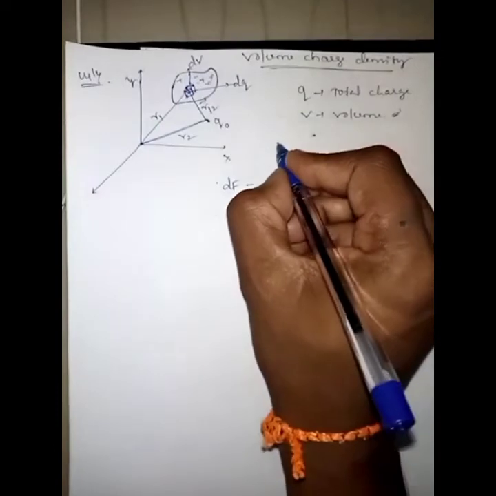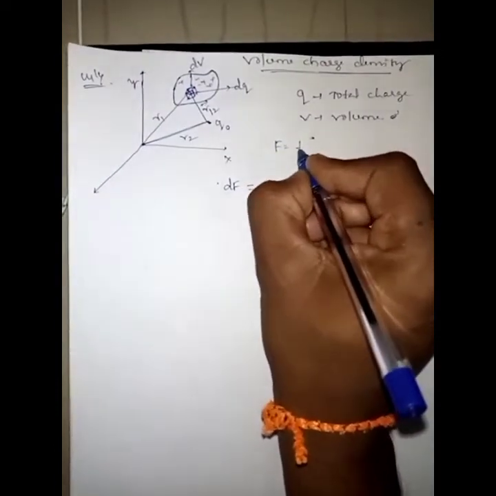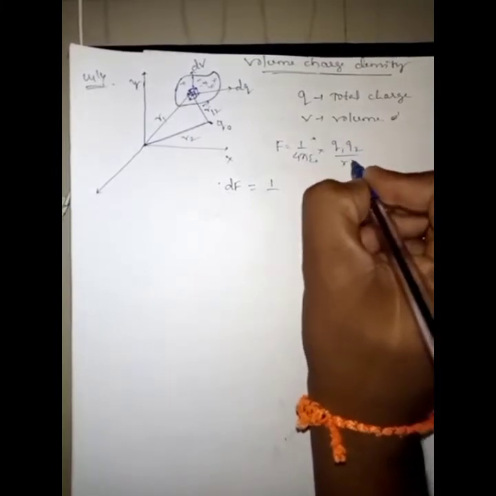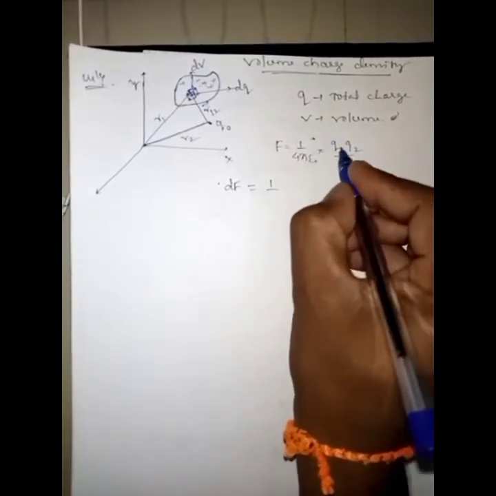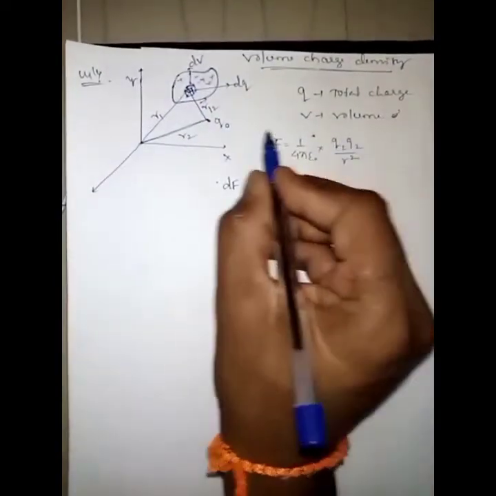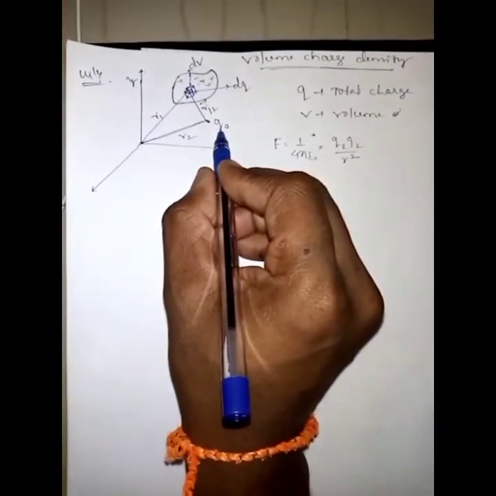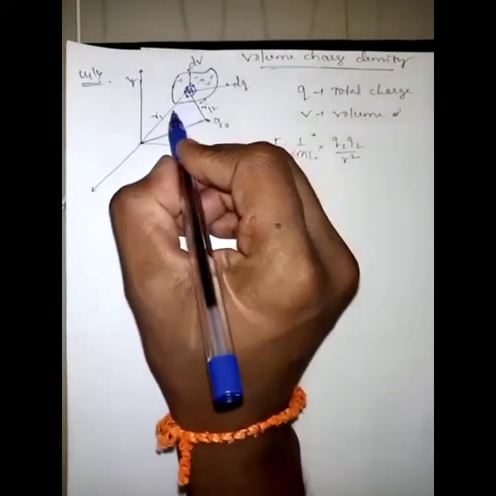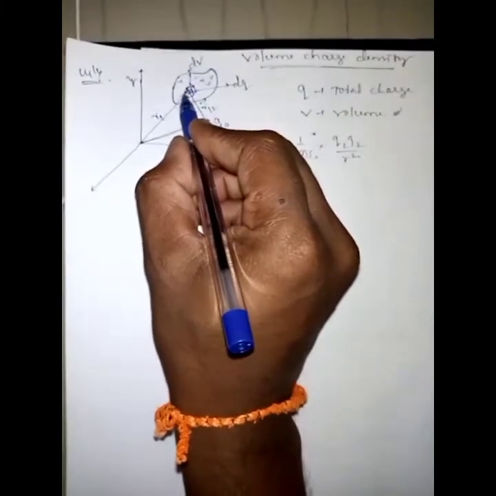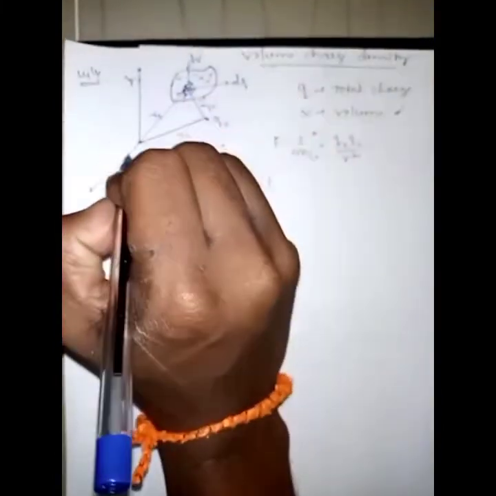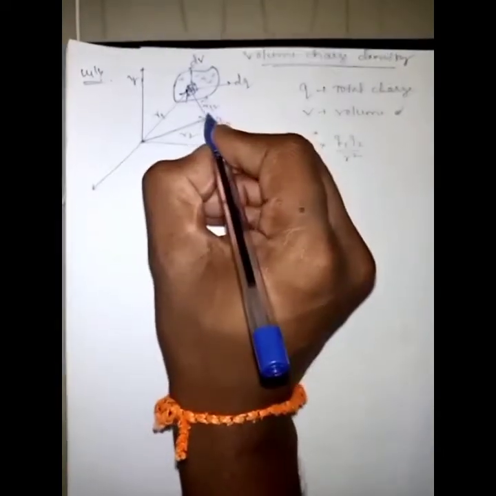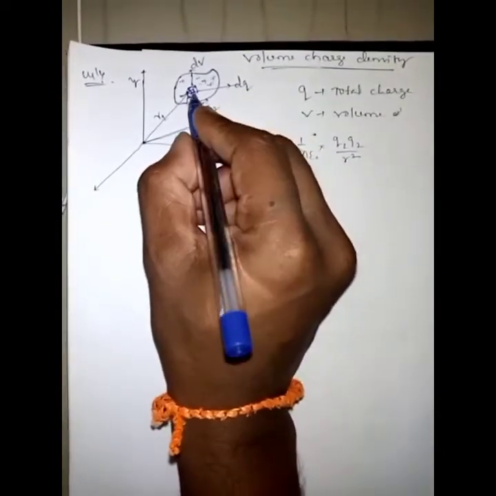We know force is equal to 1 by 4 pi epsilon naught q1 q2 divided by r square, but here q1 is dq and q2 is the test charge q naught. dq is at a position vector r1, and q2 is at position vector r2, and r12 is in this direction.